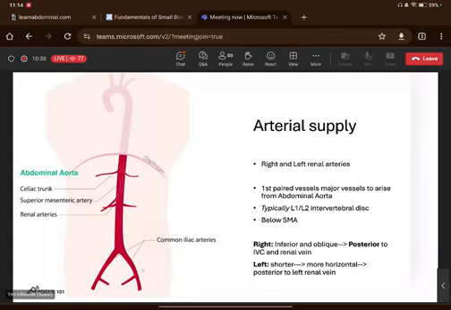But again, the arterial supply runs posterior to the renal vein, so these can be quite helpful pointers if you get some imaging, to be able to determine between the renal vessels.